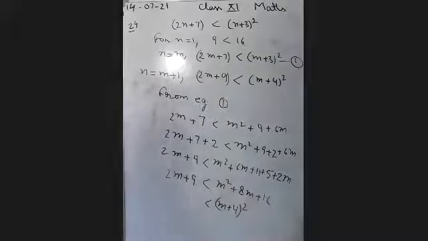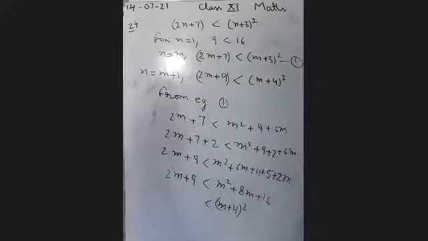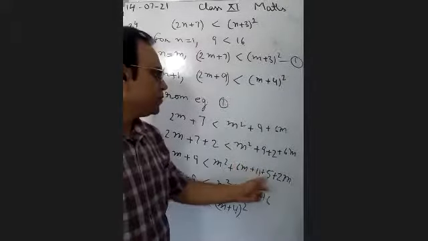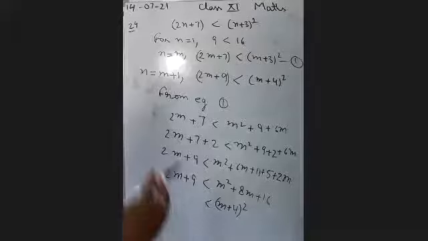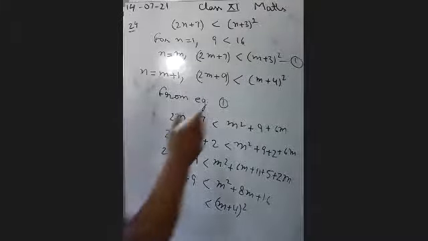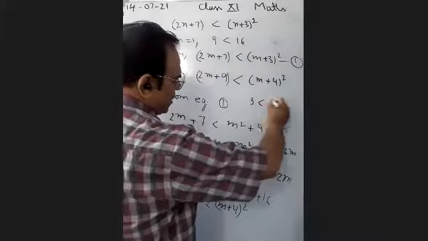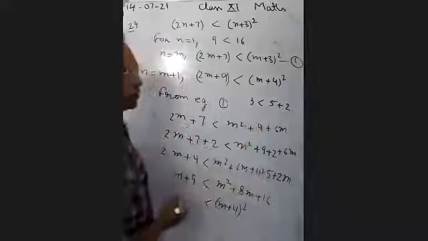This is what we had to prove: 2m plus 9 is less than m plus 4 whole square. So these are the two terms we have added by ourselves. In case of inequality, suppose you have 3 is less than 5, if you add 2 here, there will not be any change.